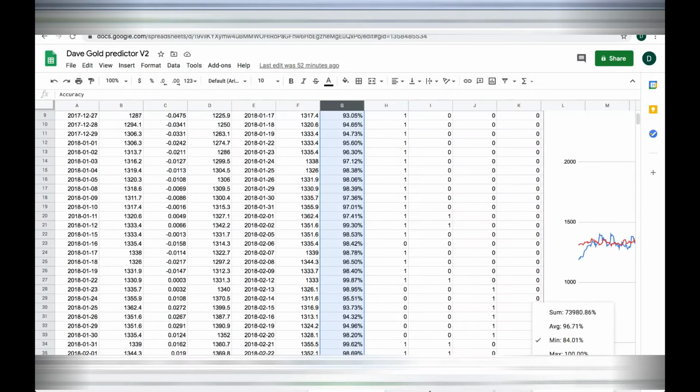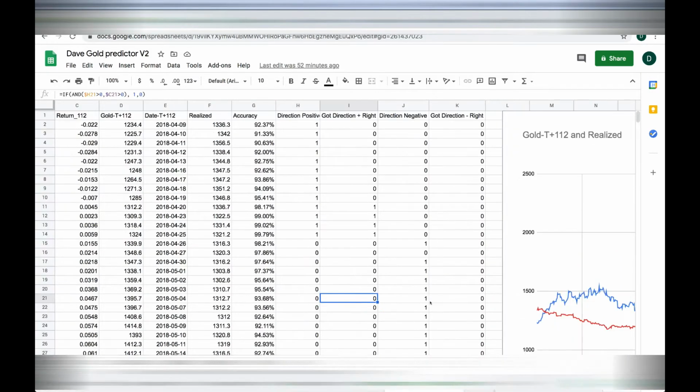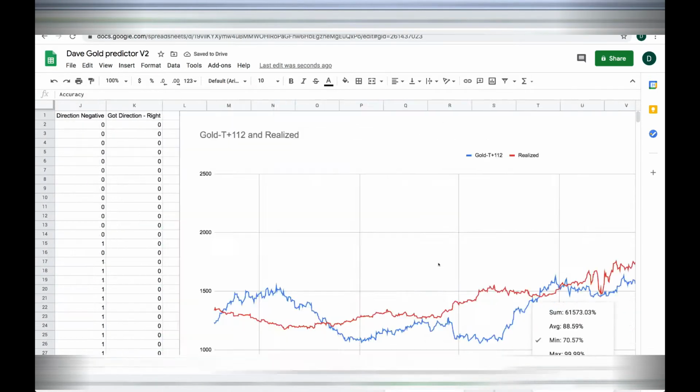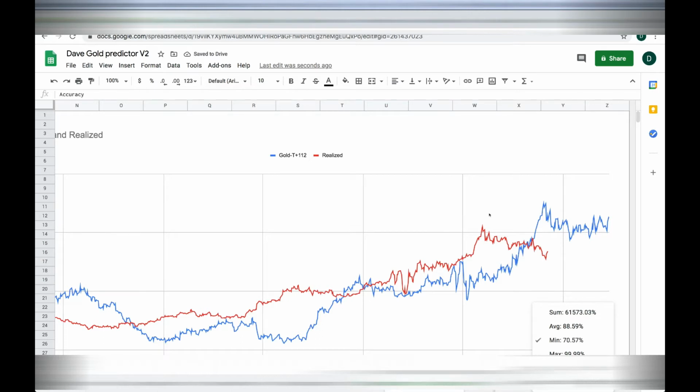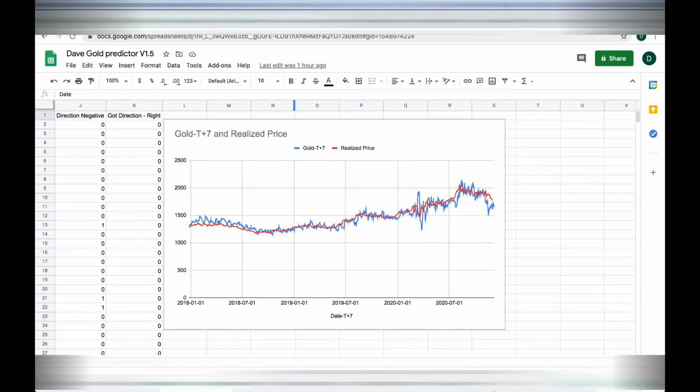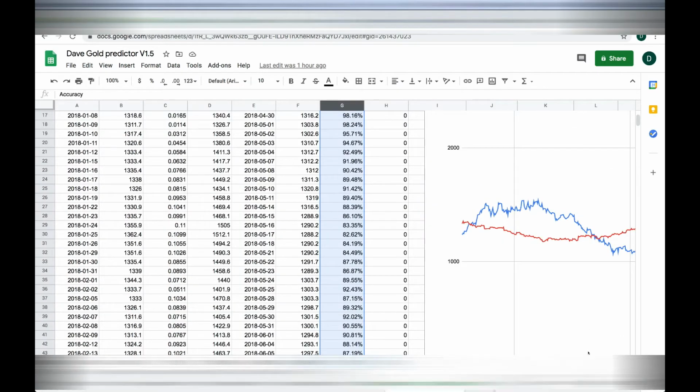96% for 21 days. 122 days. This one is also more accurate than the original model, which I believe was in the 70s. Let's see, how much was this one? Day 122, it's 85.